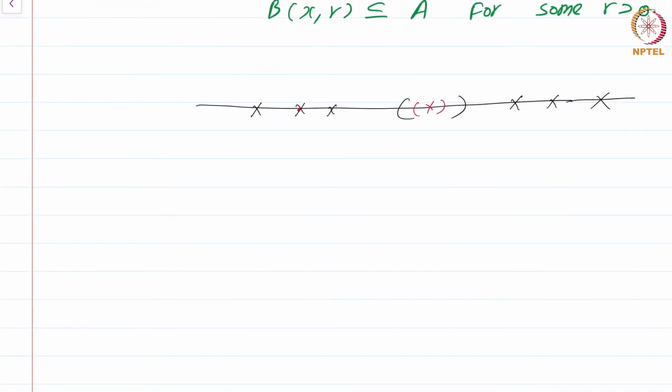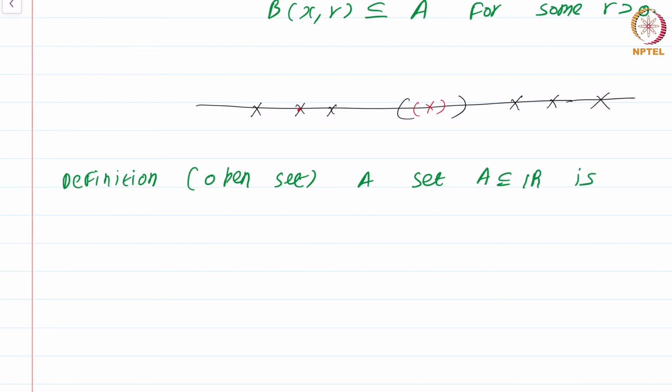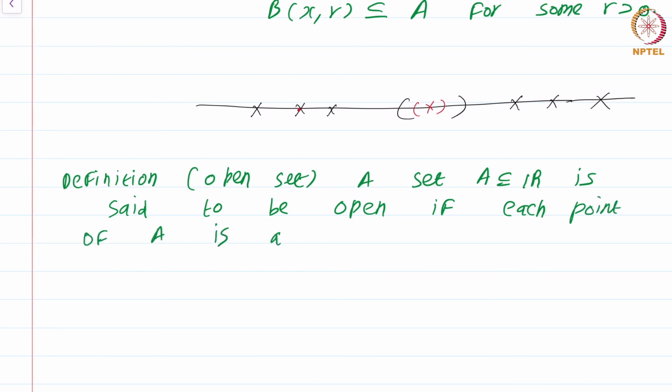Next definition, of an open set. A set A subset of R is said to be open if each point of A is an interior point.